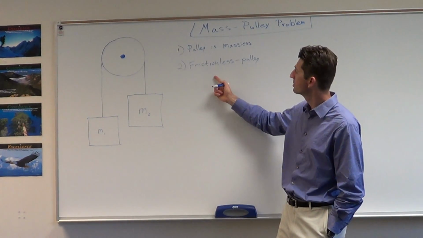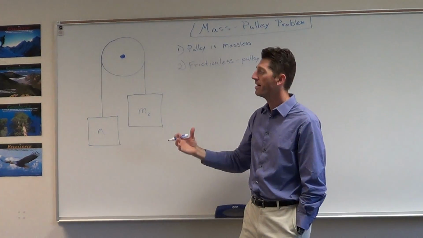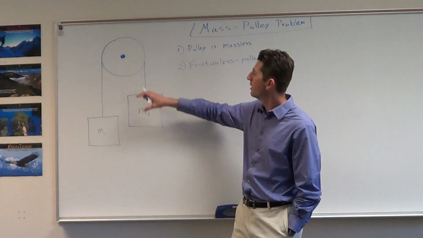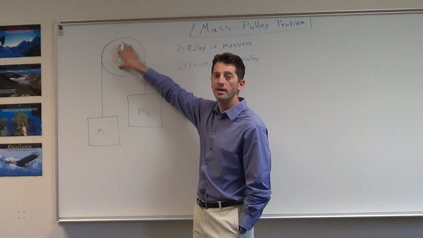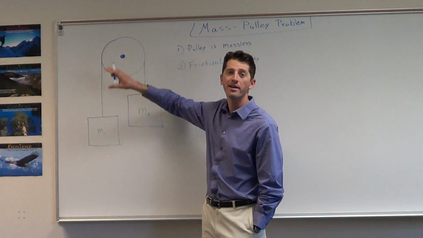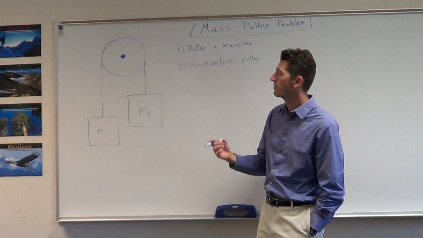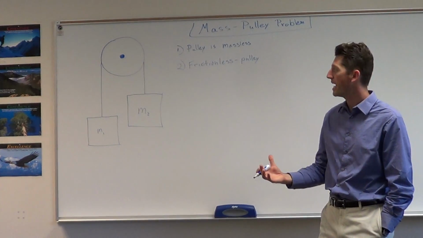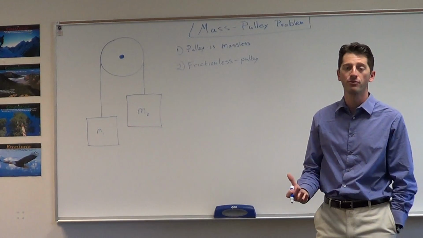So if this were frictionless, but it still had mass, you would have some sort of problem with having to include the angular momentum of this pulley. But without that, we make our problem really easy. In reality, there's nothing like this. All pulleys have mass, and all of them have some amount of friction.